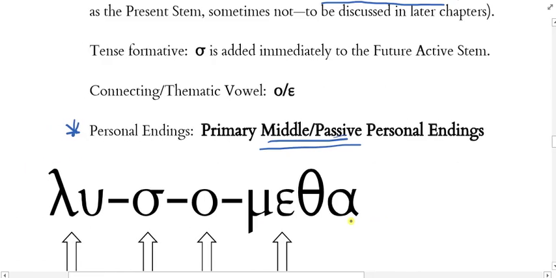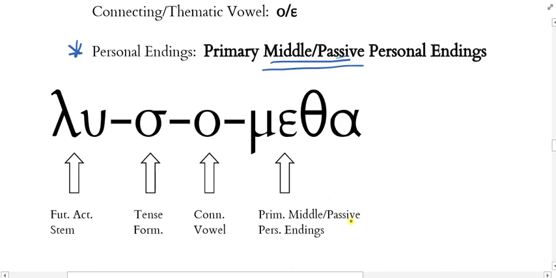So let's take a look at this form. I have lusometha. Lusometha. Future active stem, lu. Sigma tense formative for future. Connecting vowel is omicron before mu and nu. And then here, metha is my primary middle passive personal ending. And which person and number? First person plural.